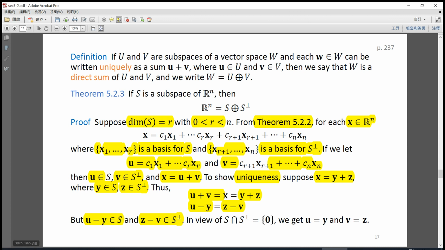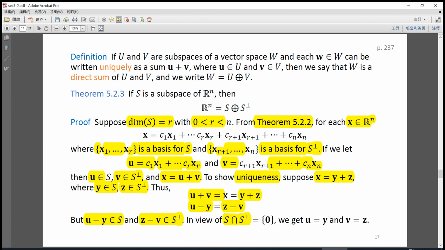We know that u minus y belongs to S, and z minus v belongs to S perp, and we also have u minus y equals z minus v, so u minus y also belongs to S perp, and z minus v also belongs to S, and therefore both u minus y and z minus v are in the intersection of S and S perp.